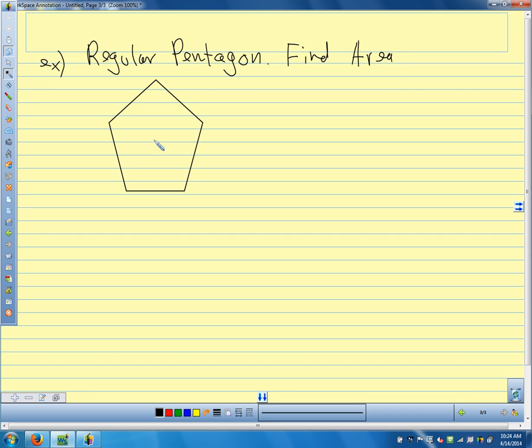Regular pentagon, we want to find the area, but this time we are given the length of this segment. And that is 9 inches. Is this the apothem of the pentagon? No, it's the radius. We have the radius.